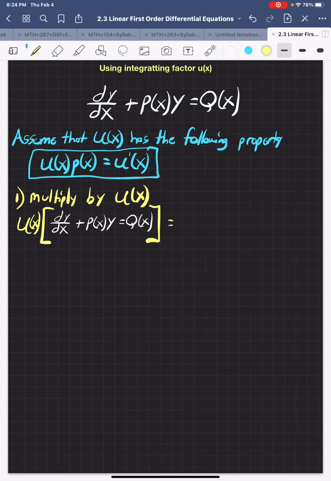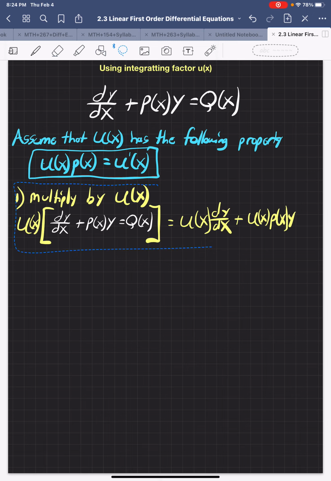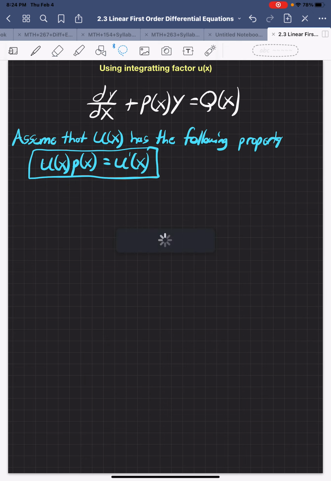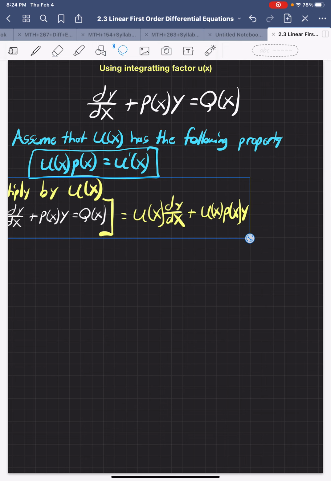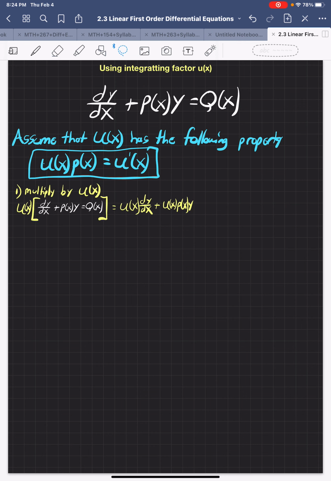That's just going to be u of x dy dx plus u of x p of x y equals u of x times q of x. All right, so far, so good.